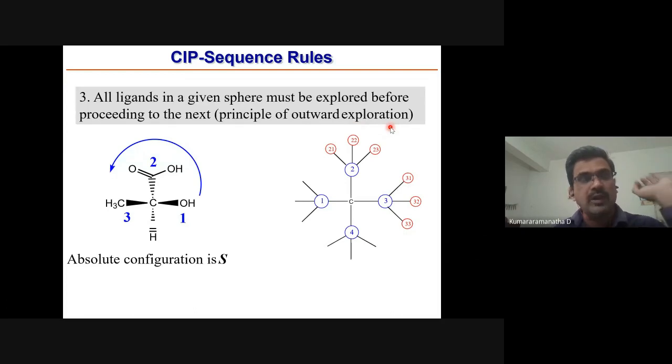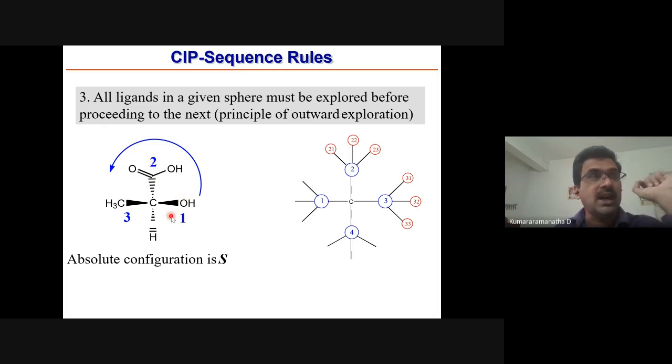Now what exactly is this? Carbon attached to OH. Now C attached to C, OH double bond O. If you have C attached to COOH, you write it as C double bond O, single bond OH. So you don't think that here you have two oxygen atoms. It means this is first priority and this is second priority.